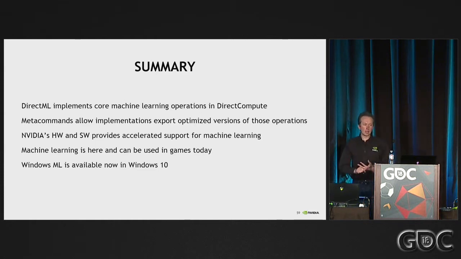We have everything needed as a platform, both in hardware and software, to accelerate machine learning, and we've been working closely with Microsoft on that. Machine learning is here. It can be used in games today. Please start thinking about what you can do with it. There are lots of interesting things going on. I encourage you to visit our later talks on use cases of machine learning. And Windows ML is available now in Windows 10.